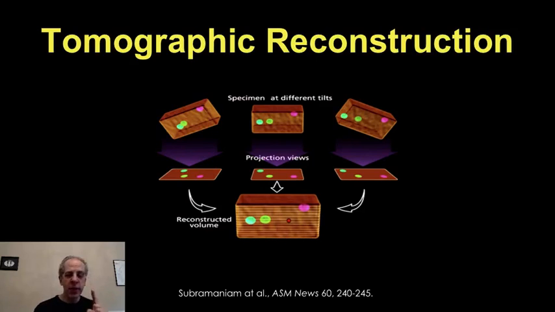Now, the image processing starts with putting all these projections together to get the 3D. Normally, although there are alternatives, that's done with what's called fiducials. So you basically embed gold particles in the specimen, and then you have a gold particle, let's say this pink, and then you know where the gold particle is in every single one of the projections, and then you align the images based on those gold particles.